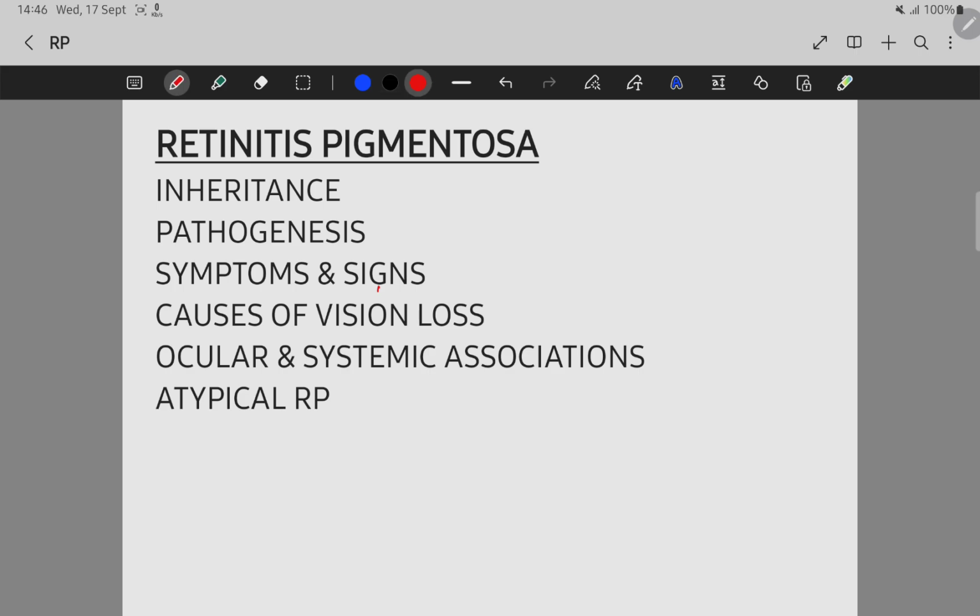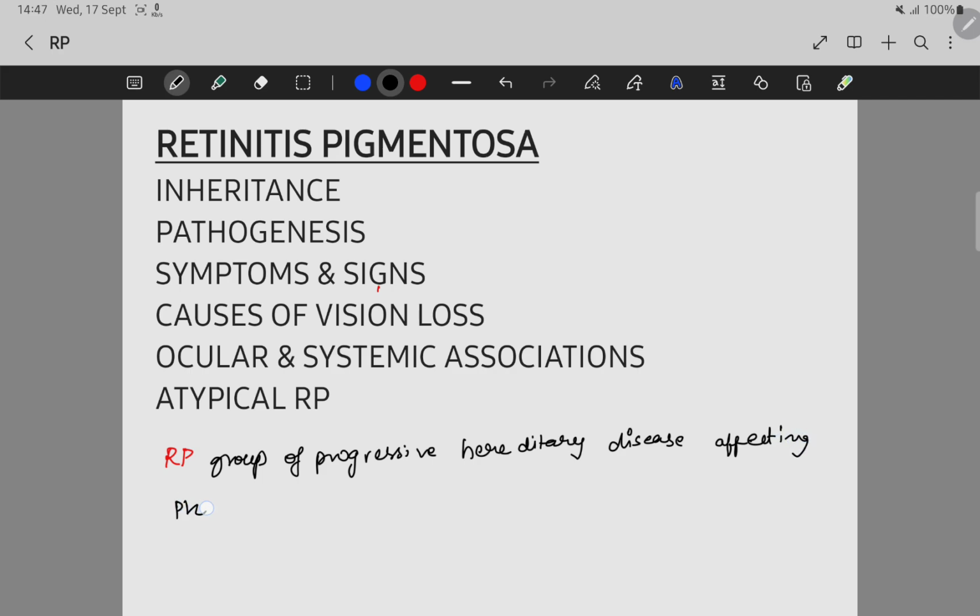So coming to retinitis pigmentosa. Retinitis pigmentosa is a group of progressive, hereditary diseases which affect the photoreceptors and the retinal pigment epithelium layer.